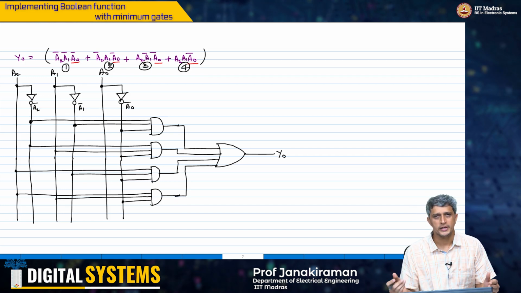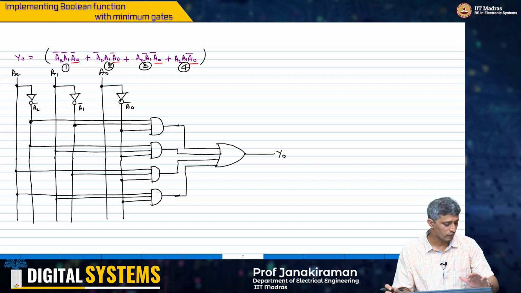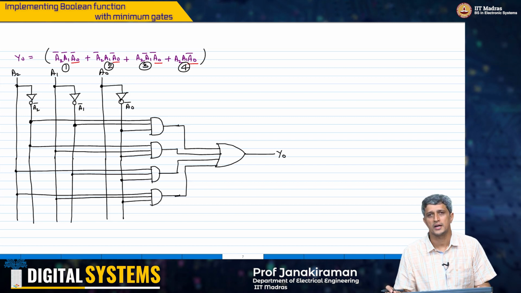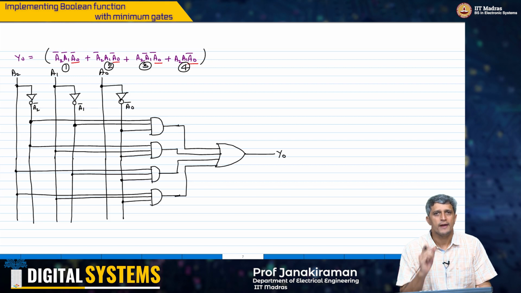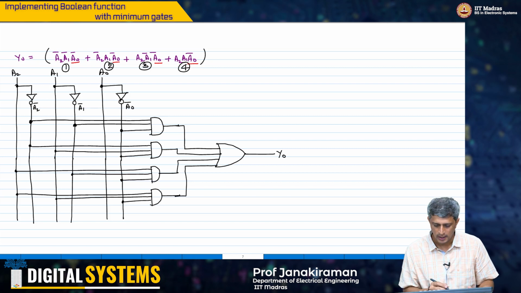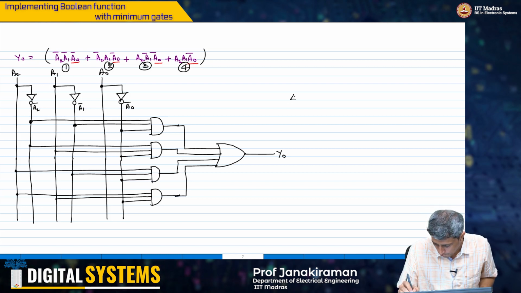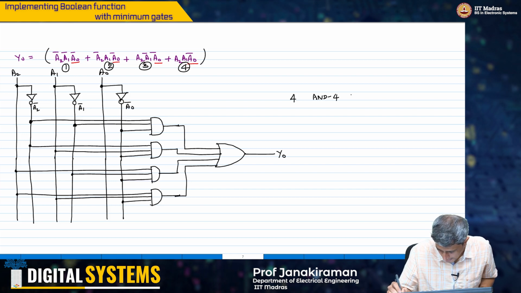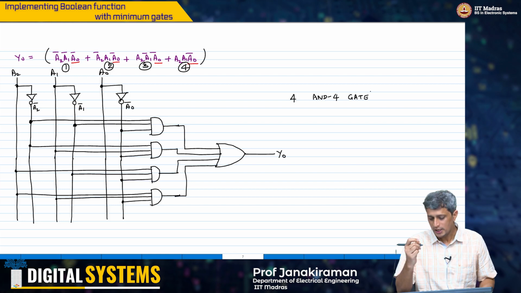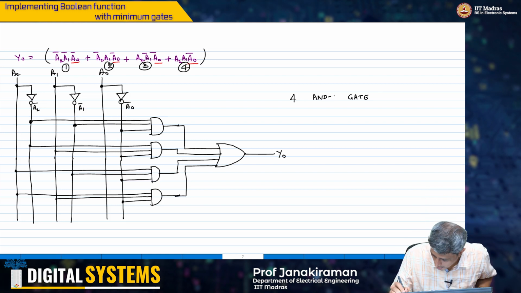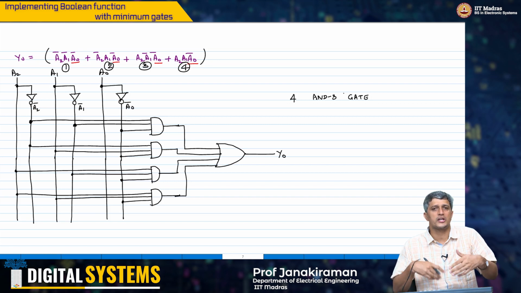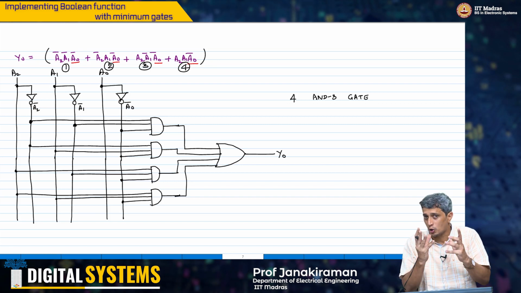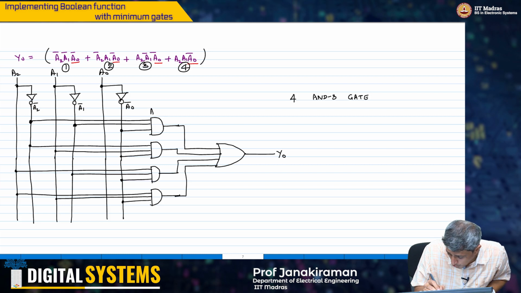Now the point is that why are we even worried about all this Boolean simplification and stuff like that, right? It's very evident. Just look at this implementation of the unsimplified Boolean expression, right? We basically used 4 AND gates, and 3 gates actually. Okay, till now I was just referring to these gates as AND and OR gates without the input. So from now I will also indicate the number of inputs like this.